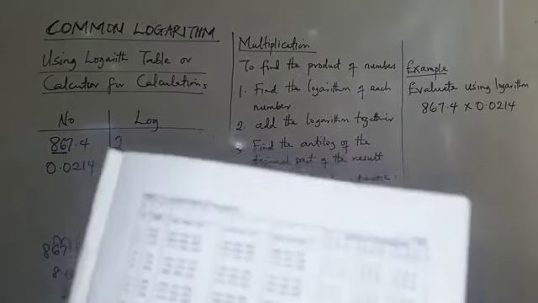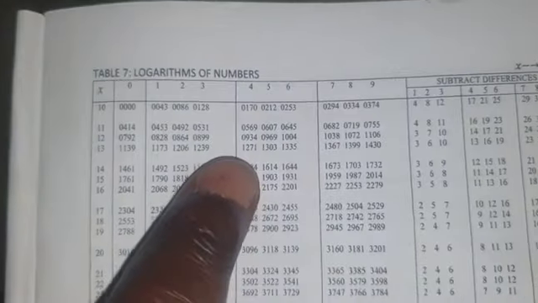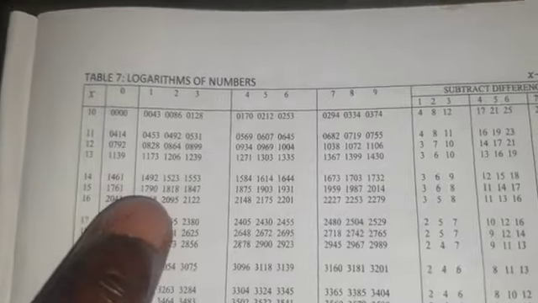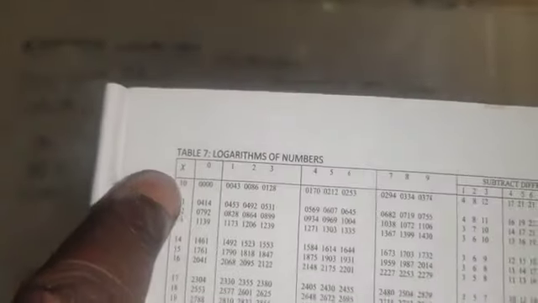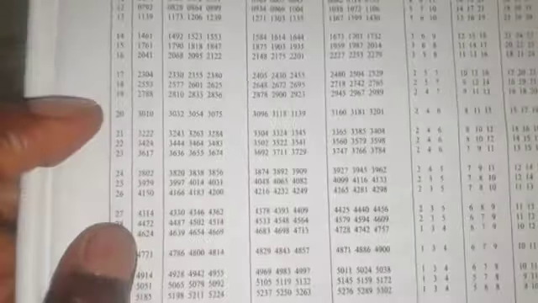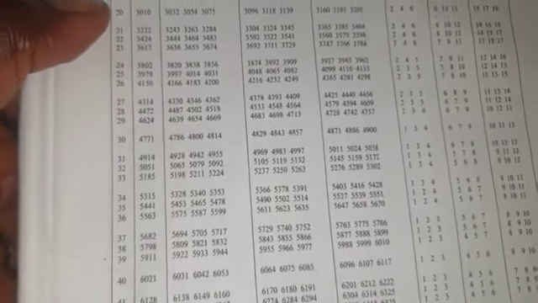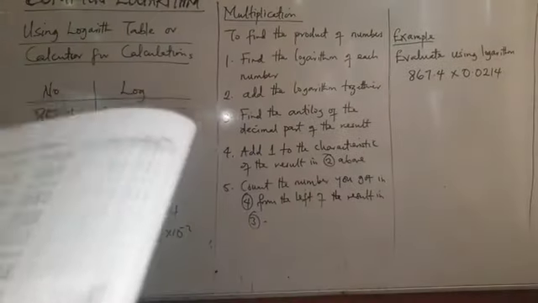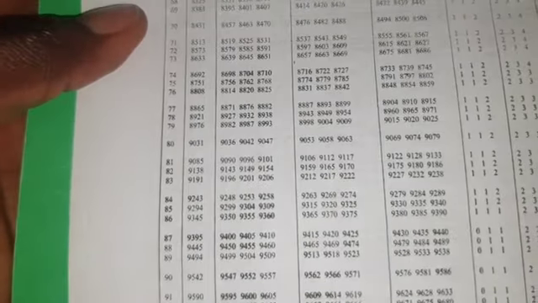So we locate the logarithm of numbers, as we have it here. Then we look for 86 under the x. We don't have 86 here, so let's turn to the other side. This is 55. We continue. So this is 86 here.